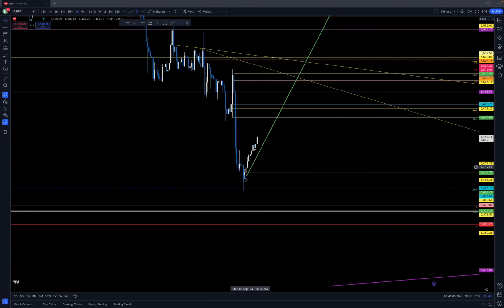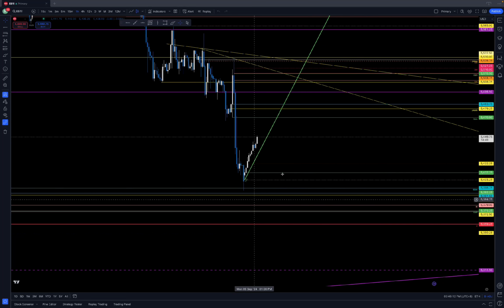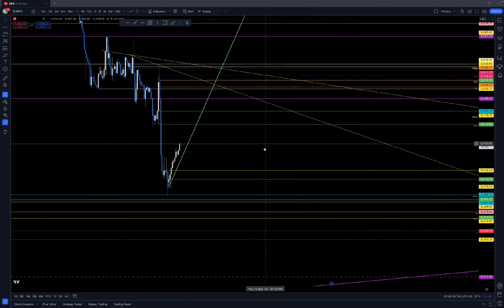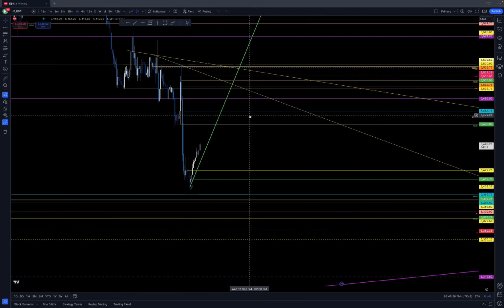So that would give us our first attempt, come down, test, second attempt, come down, test, and that would be basically 2 or 3 bottoms. So 1, 2, 3, and then possibly breakout. We'll have to see. It really depends on if this continues to hold or we just make another move down.